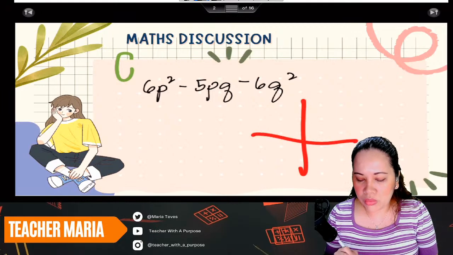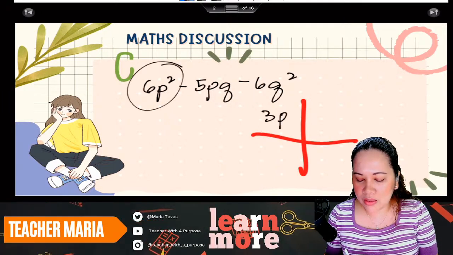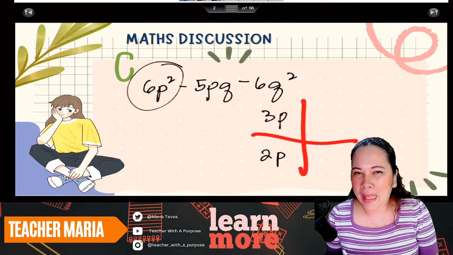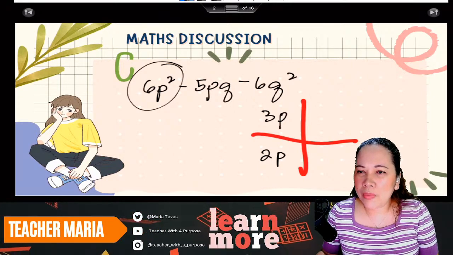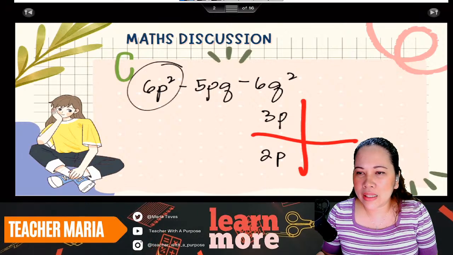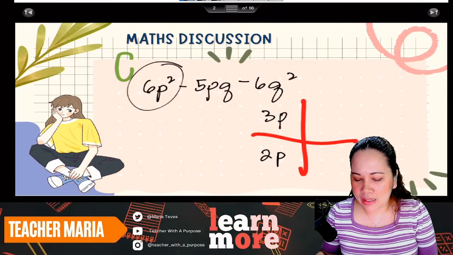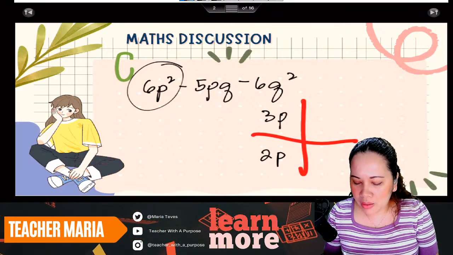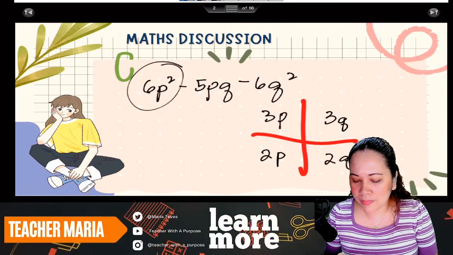So you have 6p. Probably this is a 3p and a 2p. And then that's a 5. So I'm thinking you will get 3p, and since that's a 5, that will be a 3q and a 2q as well.